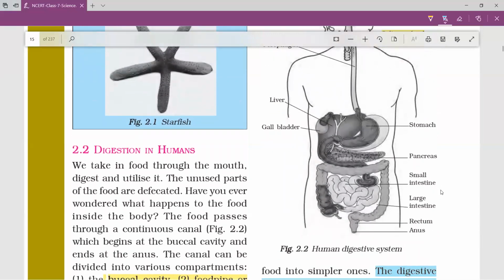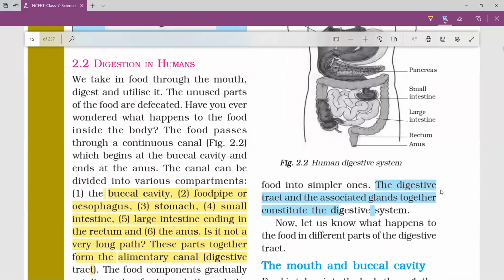The digestive tract is composed of all these parts: the buccal cavity, food pipe, stomach, both intestines, rectum, and anus. All these form the digestive tract or alimentary canal, and these three associated glands, together with it, constitute the digestive system.